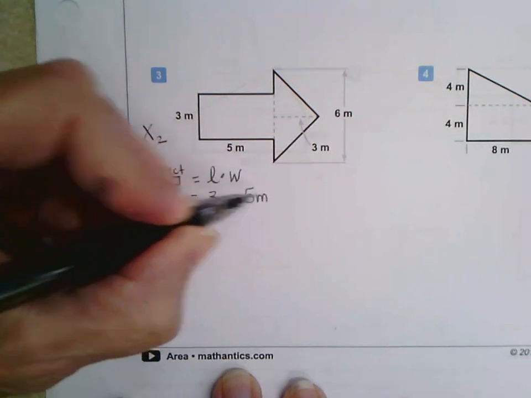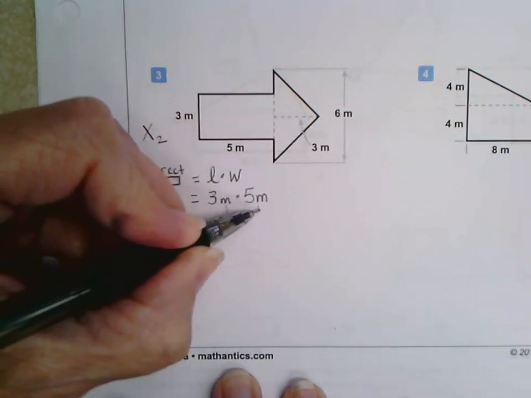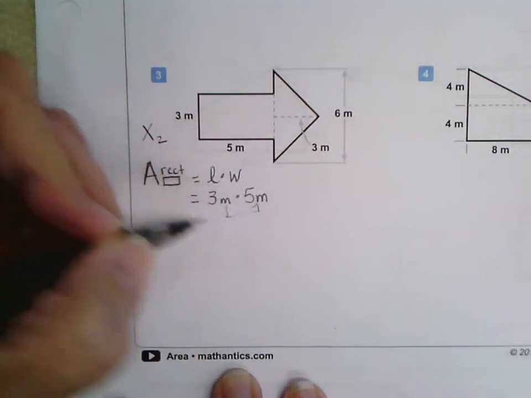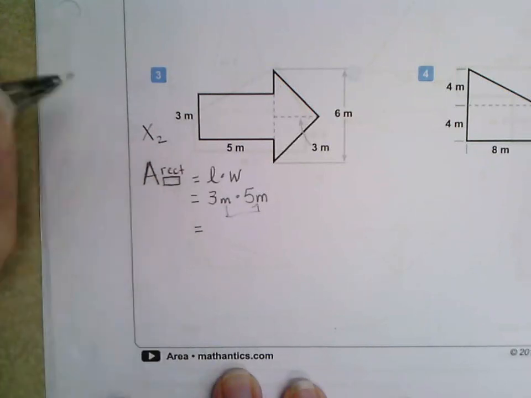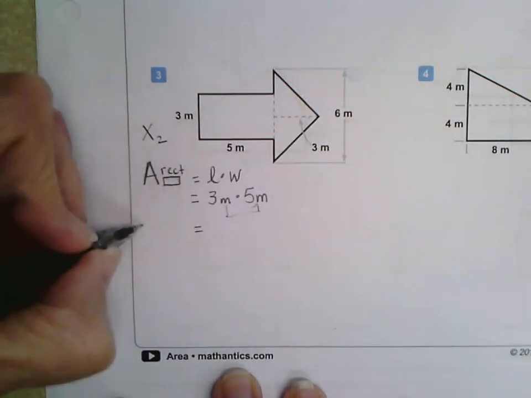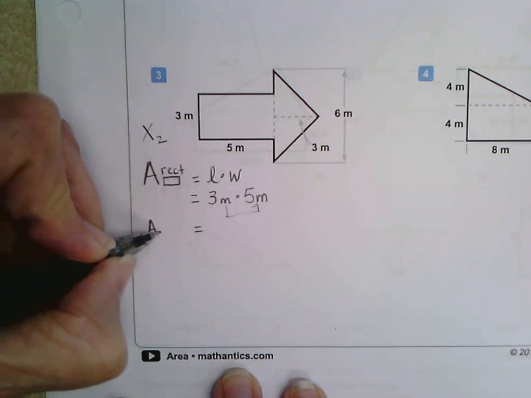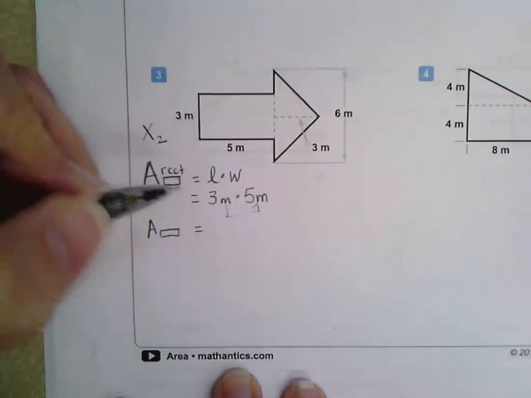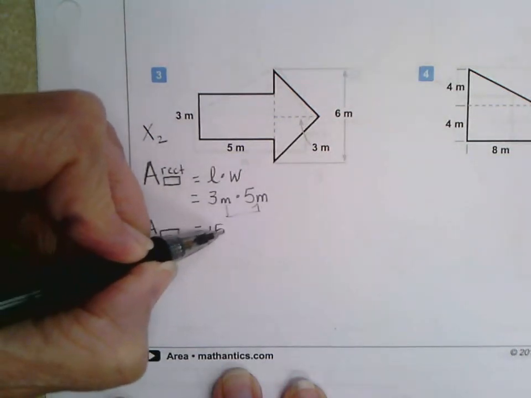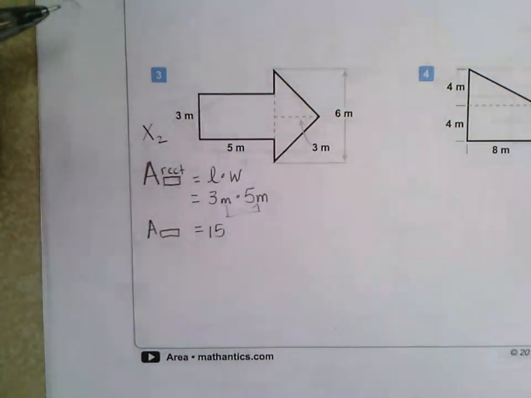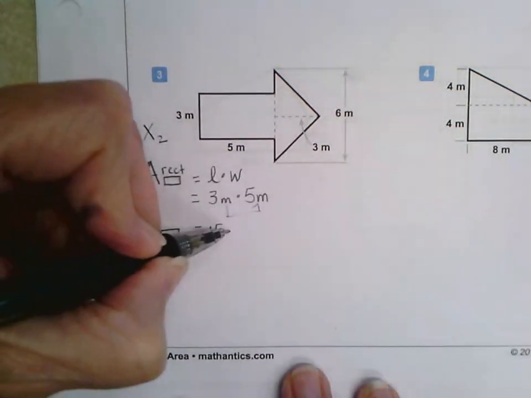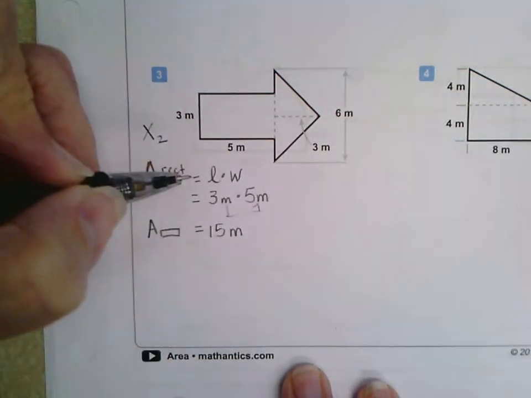So we're remembering that we're multiplying the meters together as well. So what am I going to get for my answer for the rectangle, Ilaria? 15. And what's my label? Meters.